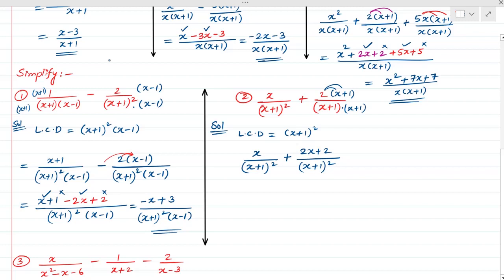Now if you see there is the same denominator, therefore I can write it as over x plus 1 whole square, it is x plus 2x plus 2. So it becomes 3x, and this one is the constant. Therefore here 3x plus 2 over x plus 1 whole square. So this is the final answer.